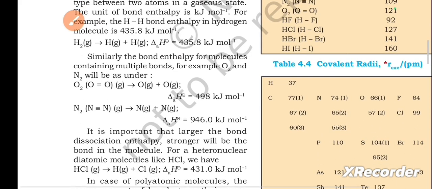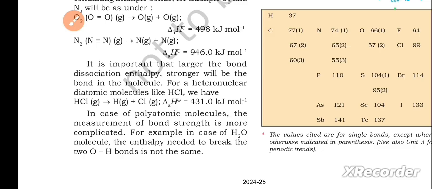Similarly, the bond enthalpy for molecules containing multiple bonds, for example O2 and N2, for O2 it is 498 kilojoules per mole, and for N2 it is 946 kilojoules per mole. It is important that the larger the bond dissociation enthalpy, the stronger will be the bond in the molecule.